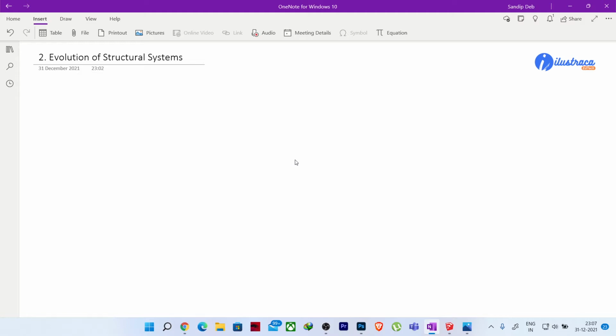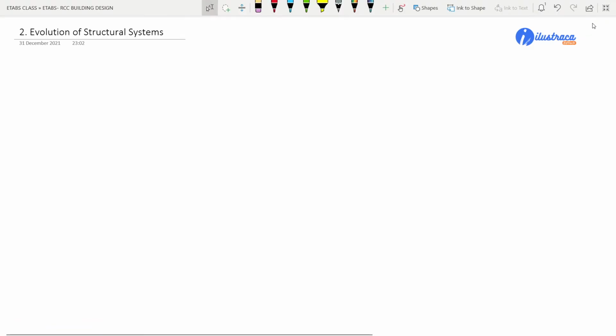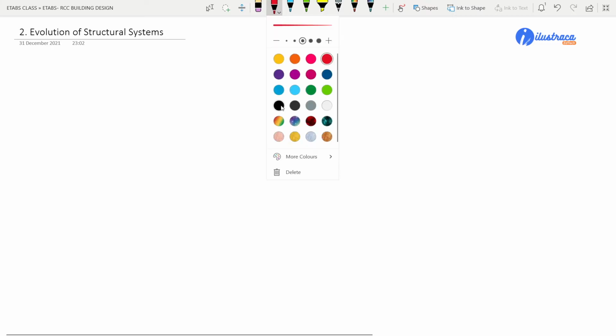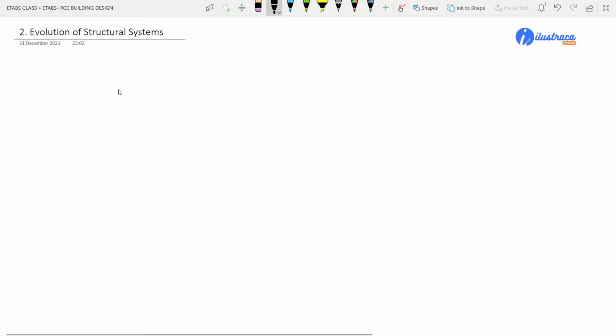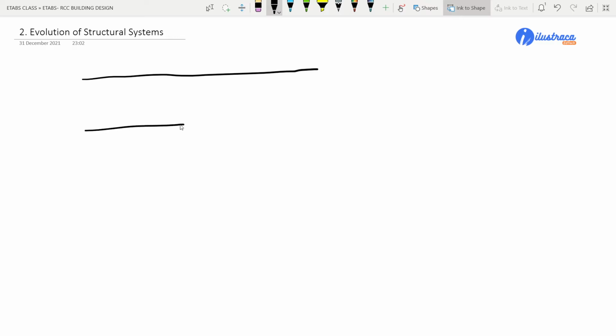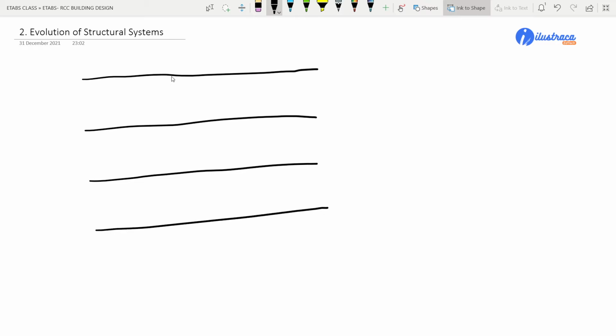Okay, so let's begin with the very basic one that we see every day. If I just draw a structural plan of a building, this kind of structure you may see everywhere every day. Suppose I'm just drawing roughly. Suppose this kind of grids you may have.